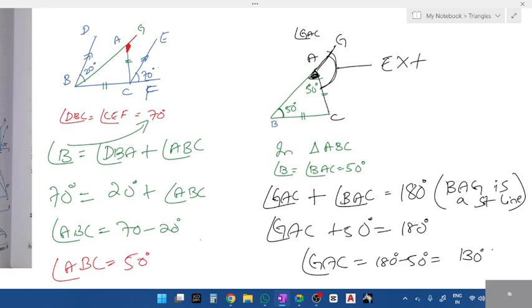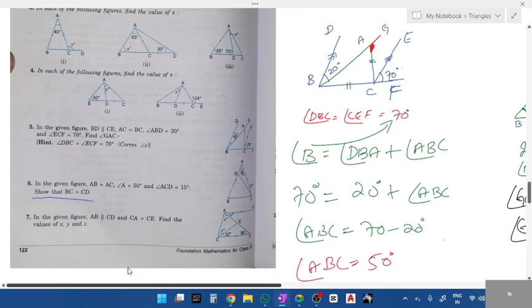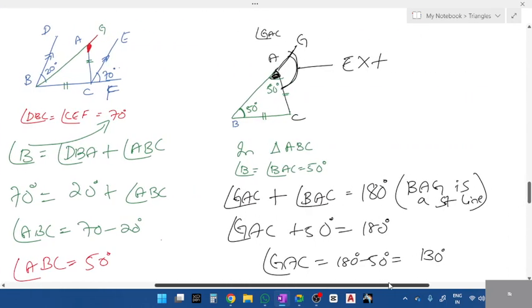They might give different values, different questions. This is the fifth question, fifth one.